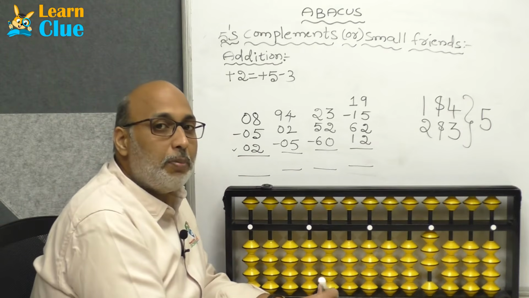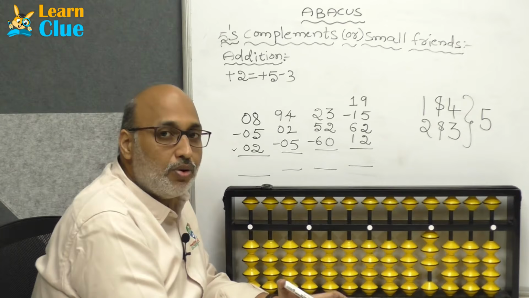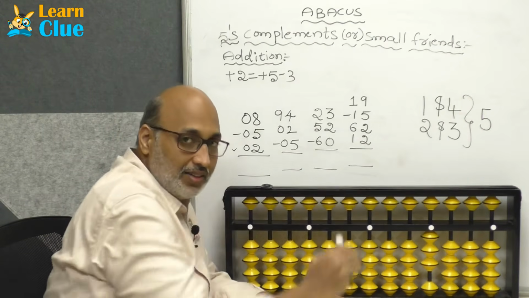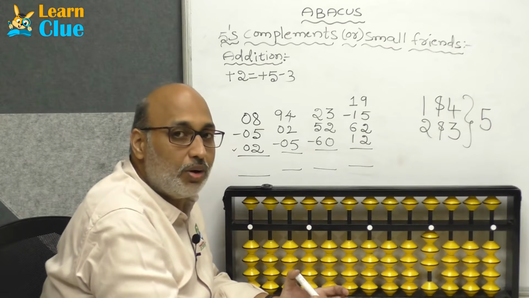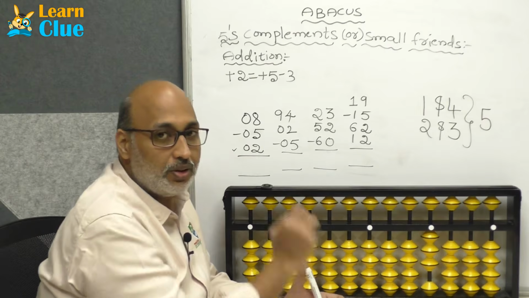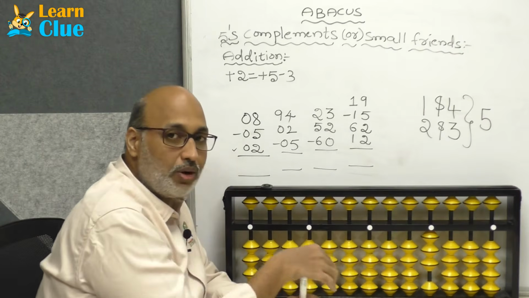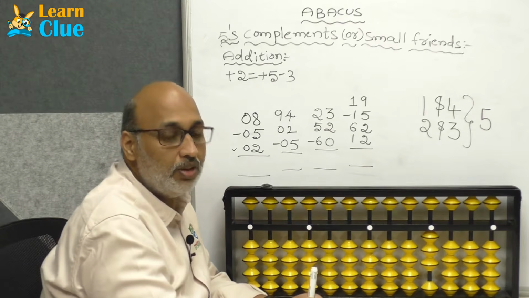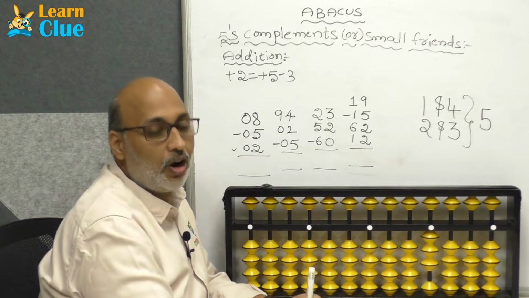So remember the friend. Who is the friend of 2? 3. The 2's friend is 3. So the 3 is going to help the 2. How is it going to help? By subtraction, along with the common friend.